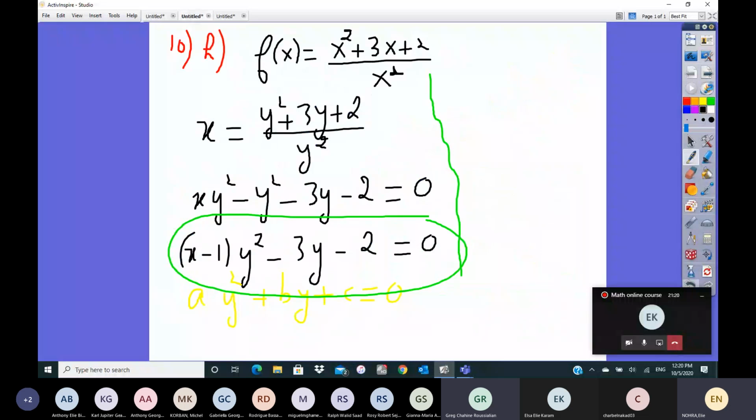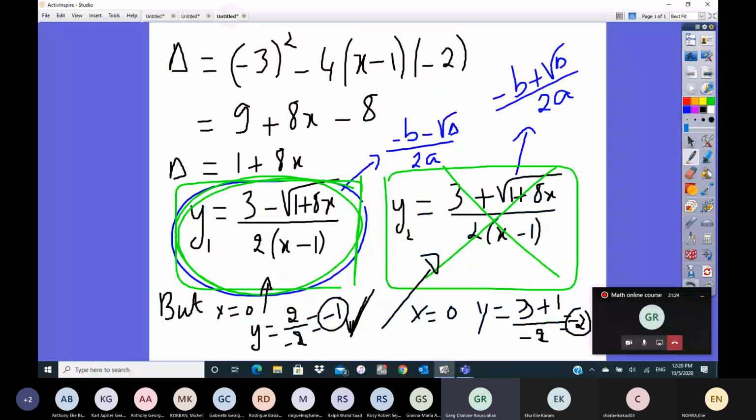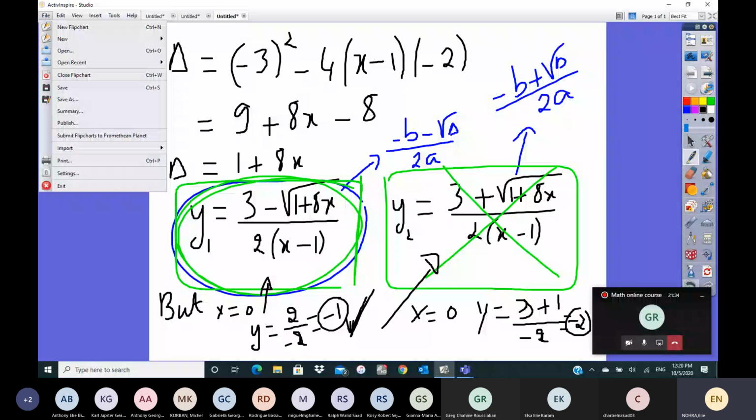Sir, can you repeat it in a fast way? Yes, of course, I will repeat it in a good way, neither fast nor slow. The important thing is that you understand.